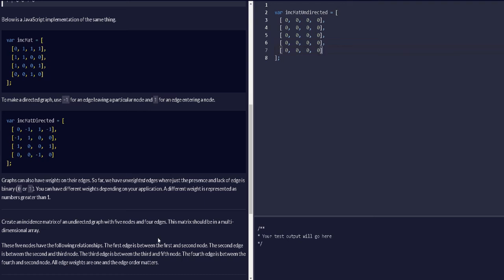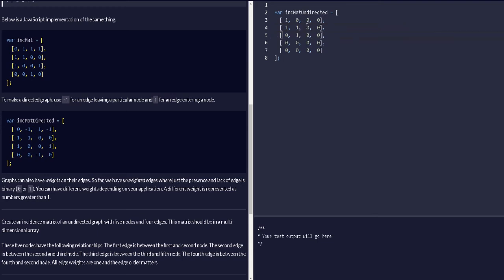Okay, and then the first edge is between the first and the second nodes. The second edge is between the second and third. Okay, so second and third.